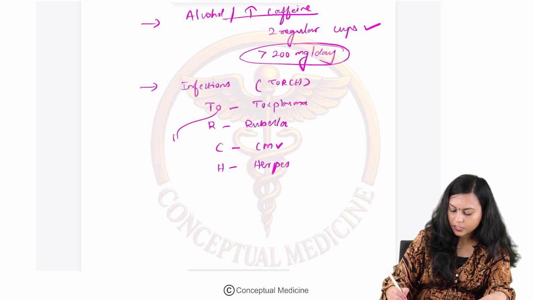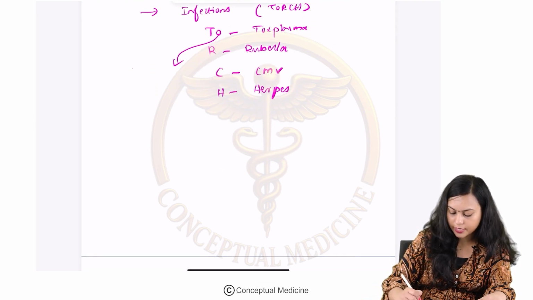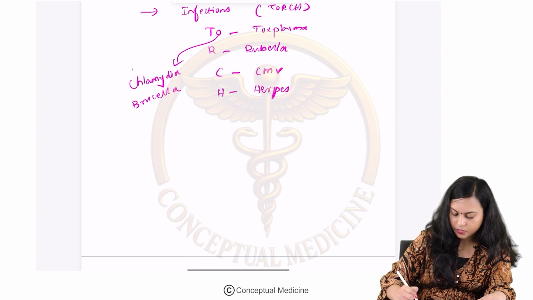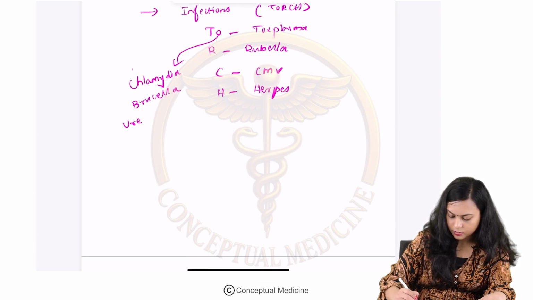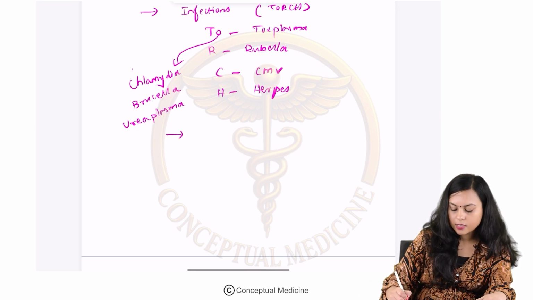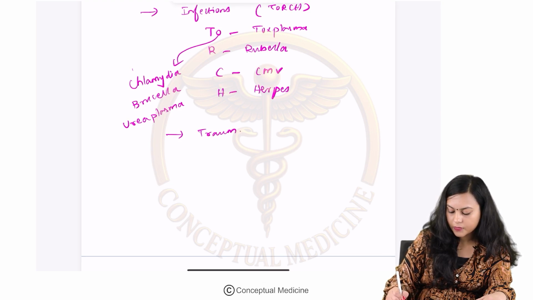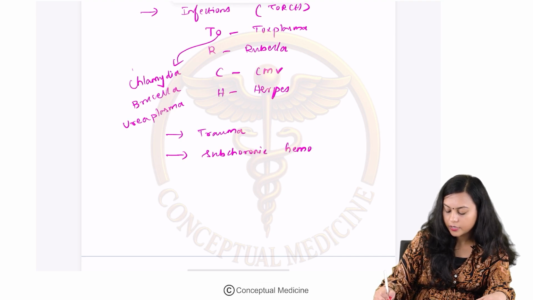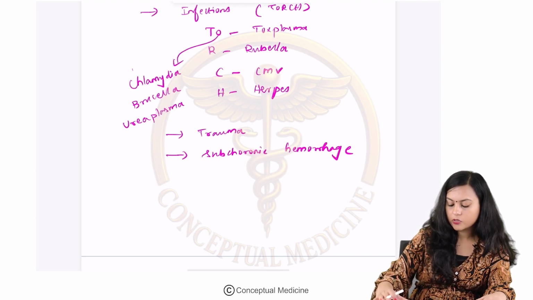Sometimes this O can be considered separately, and you can even include chlamydia, brucella, ureaplasma, etc. And not only this, sometimes trauma, and sometimes even subchorionic hemorrhage can also lead to pregnancy loss.